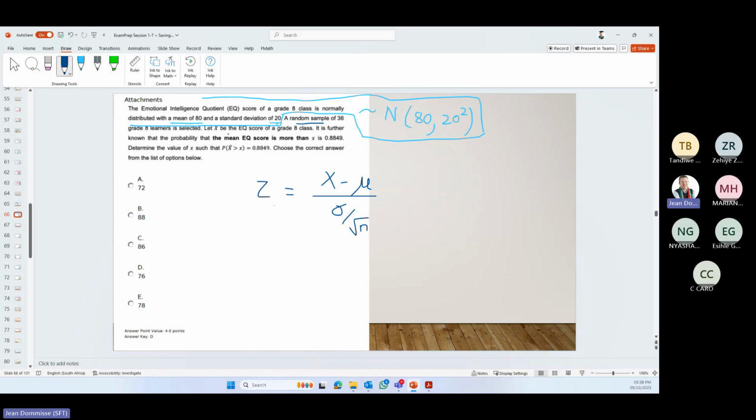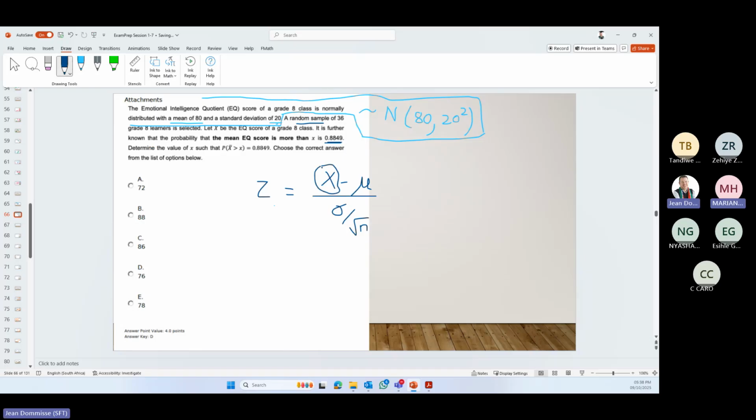Let X be the EQ score of a grade 8 class. It is further known that the probability that the mean EQ score is more than x is 0.8849. Okay, so what we want to work out is this x.